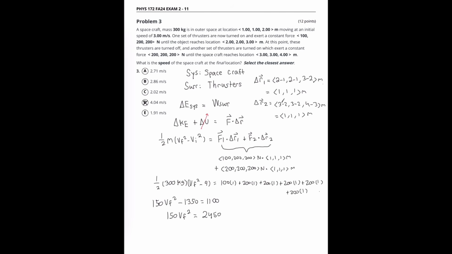So VF squared is equal to 16.33. And when we take the square root of that, we get that VF is approximately 4.04 meters per second. And this will correspond to answer choice D.